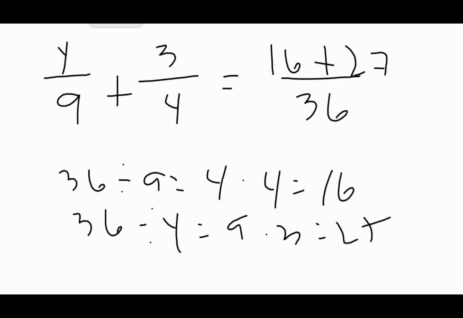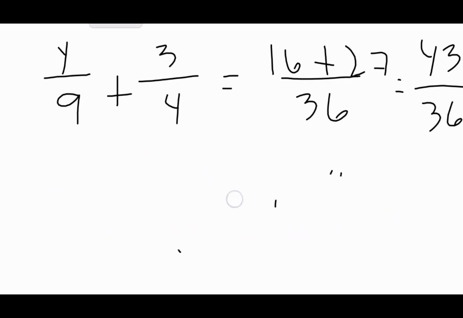So the answer, 16 plus 27 is 43 over 36. So check if the answer is already in simplest form. I think there are no more factors for 43. So this is the final answer.